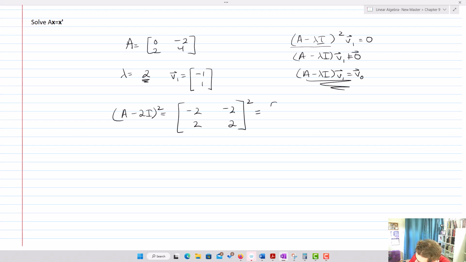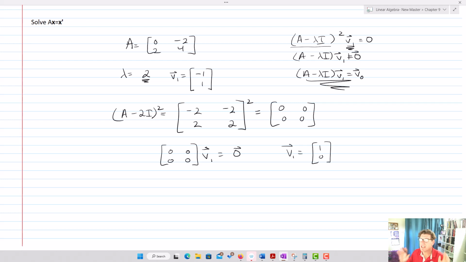When we square it, what we end up with is [[0, 0], [0, 0]]. So we need to find a vector v₁ such that the zero matrix times v₁ equals the zero vector. Well, they all work. You can pick any one that you want. So what we oftentimes do is just pick the first standard basis vector, v₁ = (1, 0), and that totally works.